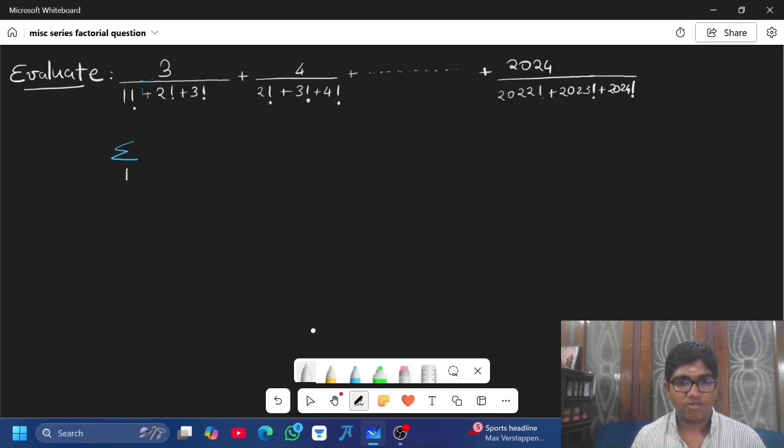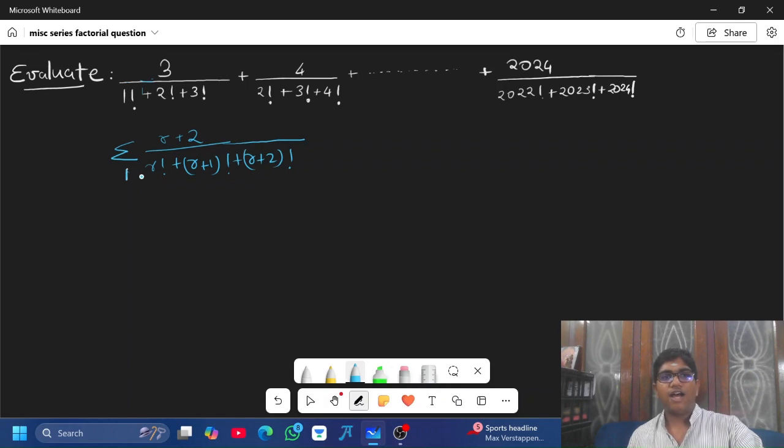Sigma of r plus 2 divided by (r factorial plus r plus 1 factorial plus r plus 2 factorial). So this is how the general term looks, right?